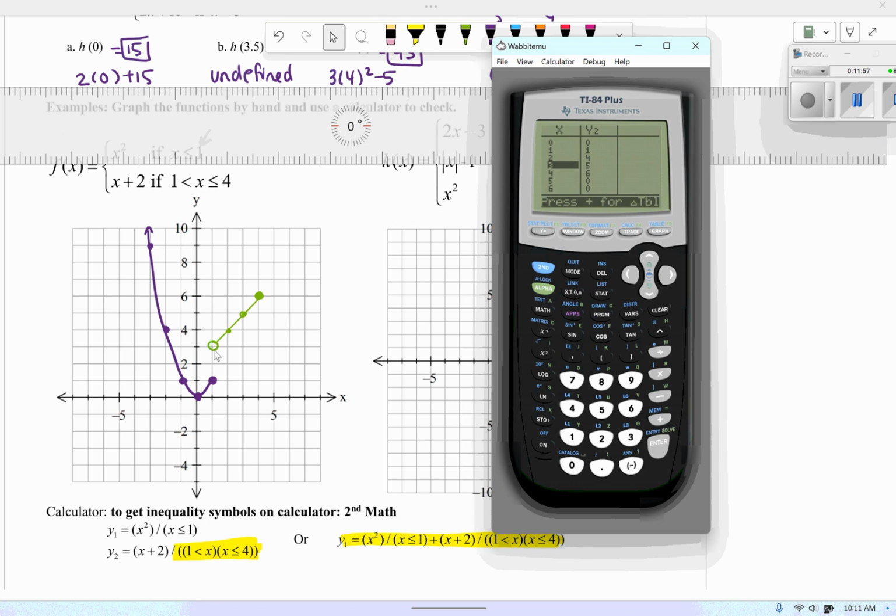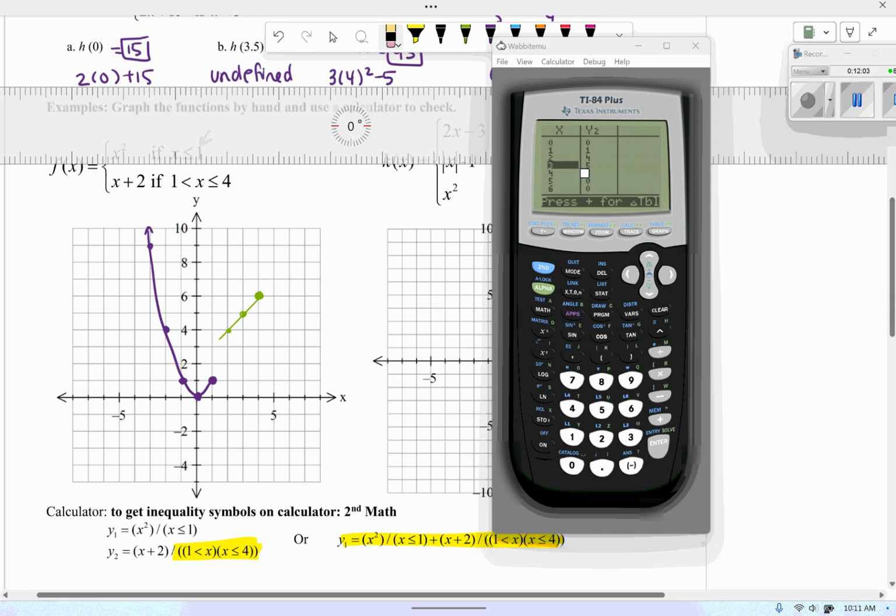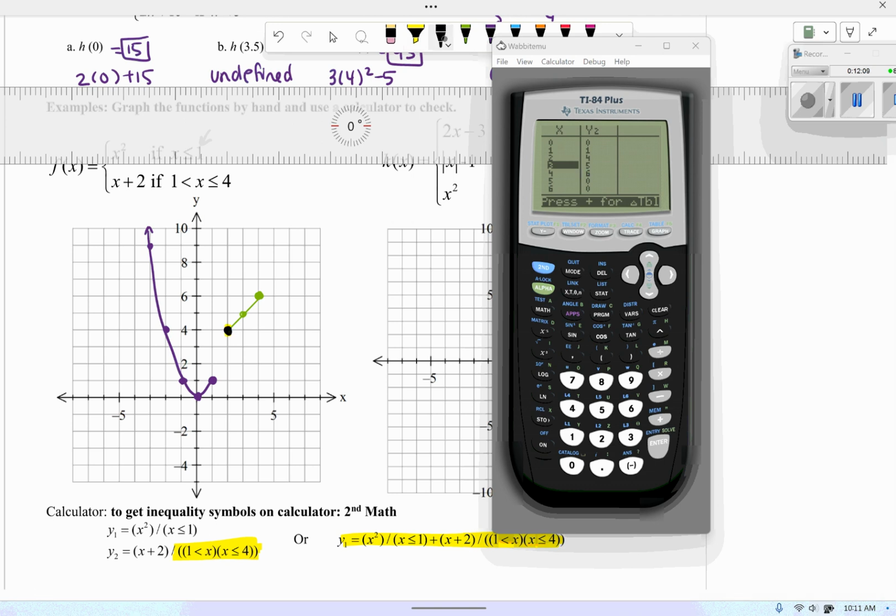You'd have to know to plug that in because otherwise you would think your graph didn't have that circle there, and you might start your graph right here like this, and then graph it from there to there, which would be incorrect because then you're missing all the values in between.